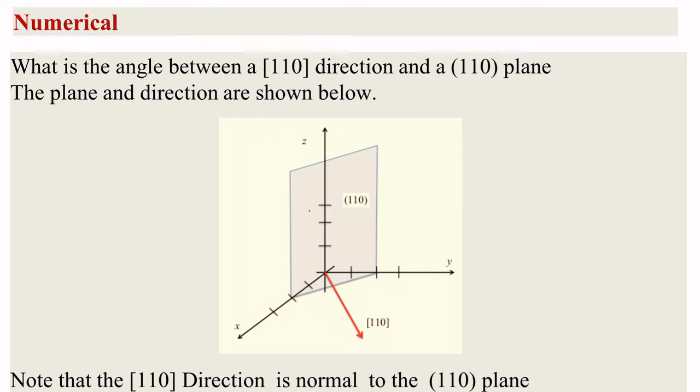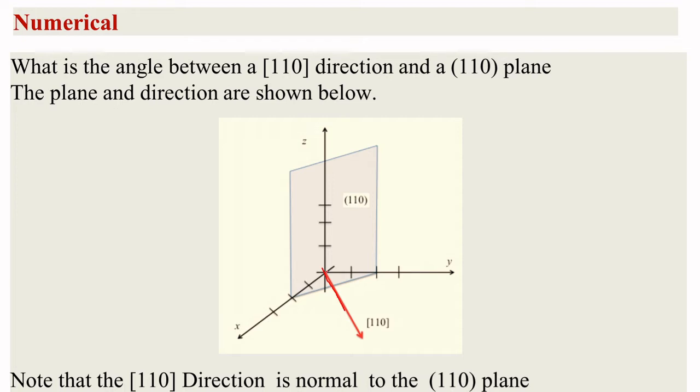When you see, this is the origin. If the vector is moving along, it passes through the origin of the unit cell.